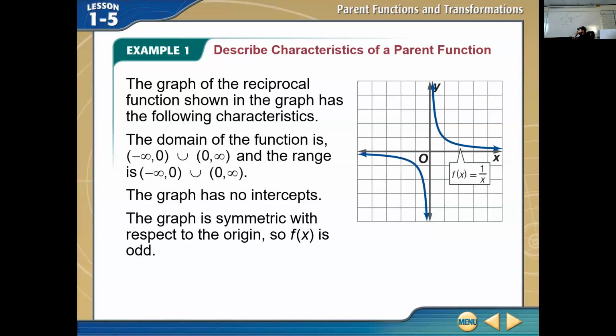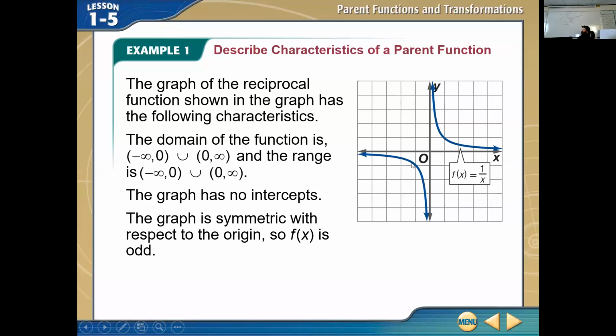Okay, the graph is symmetric with respect to the origin. Remember that is if we were to take the opposite of both the y and the x value. So if we were using 1, 1 here, if we were to take the opposite of both the y and the x, would we fall on the graph?